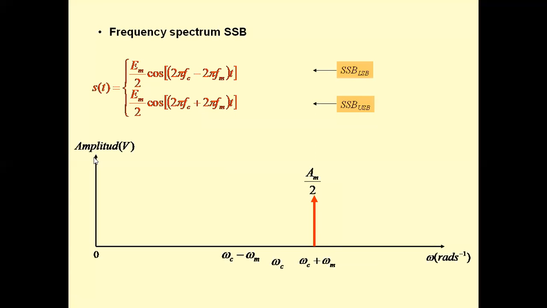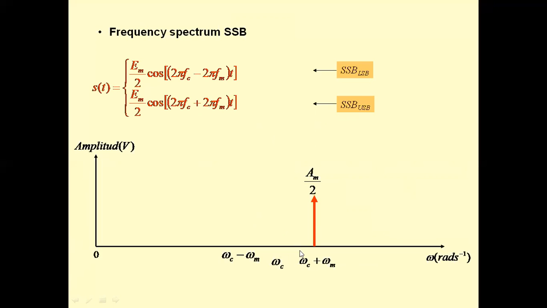What is the frequency spectrum? It is the amplitude versus frequency. In AM, omega C is present, the carrier is present. Omega C minus omega M, the lower sideband, is also present, and omega C plus omega M, the upper sideband, is also present in AM. In DSBSC, two sidebands are present and the carrier is suppressed, removed.